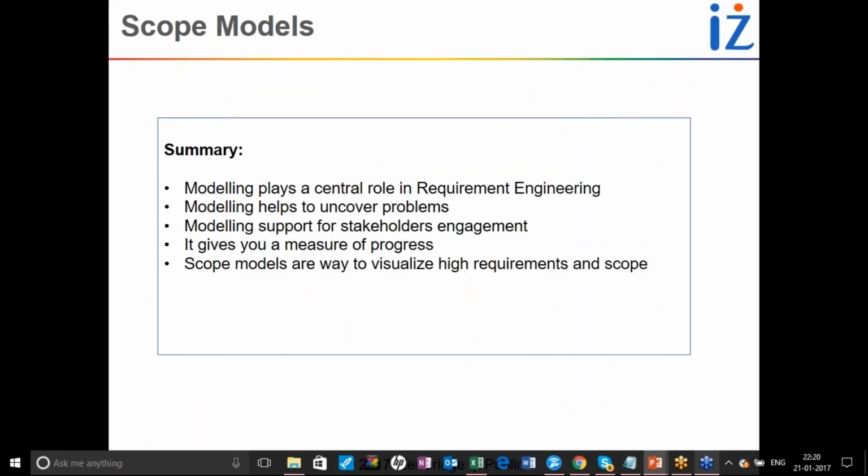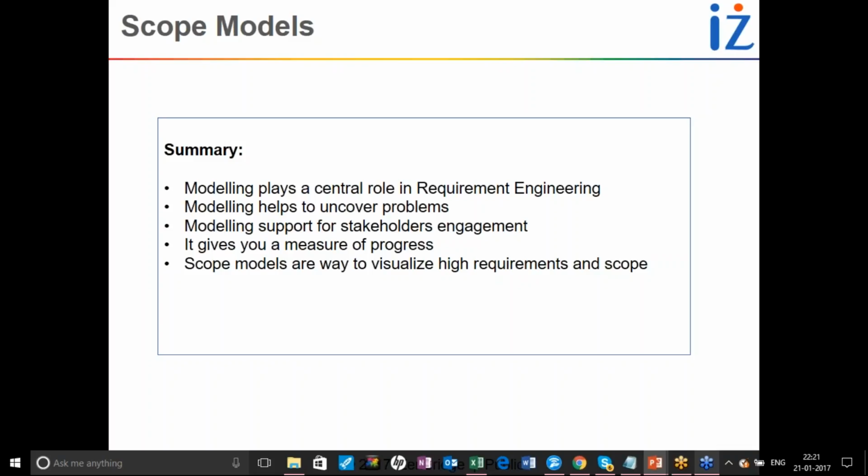To summarize, modeling plays a central role in requirement engineering. It helps to uncover the important problems, the right problems to solve. There could be many problems, but you need to know the right problem to solve. It supports stakeholder engagement because it helps to represent the information in an easier form.